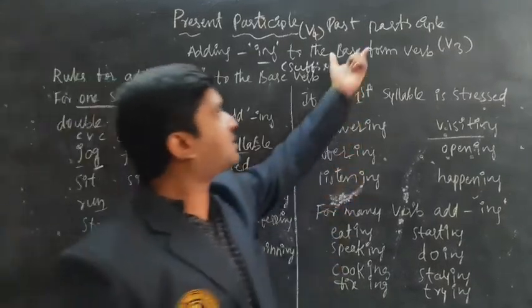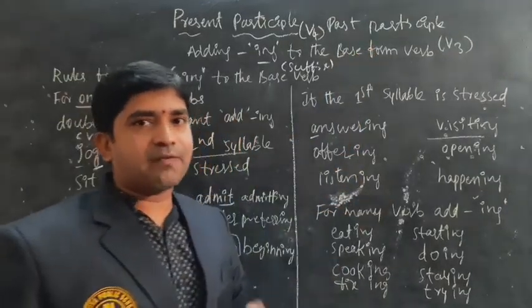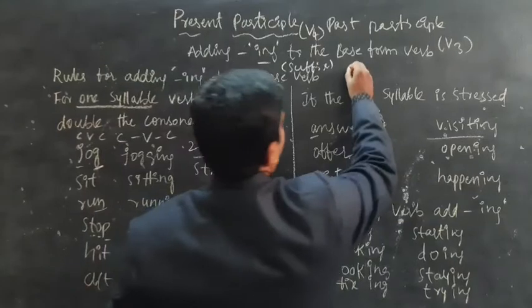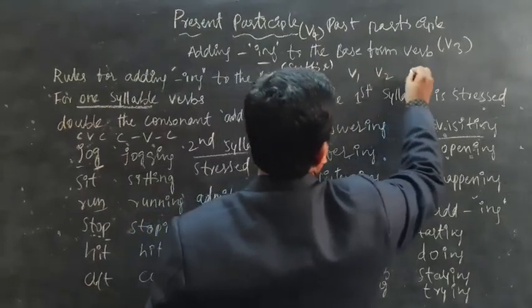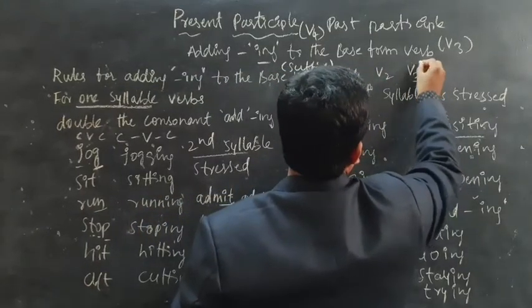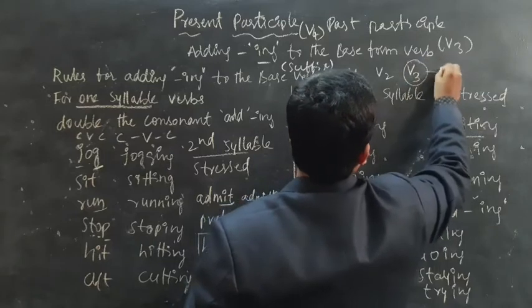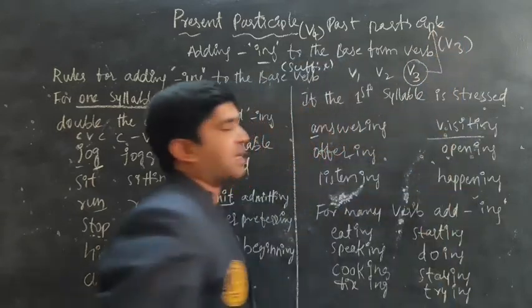Here the past participle, we have three forms. I already learned that we have V1, V2, V3 forms. And this V3 form we call the past participle.